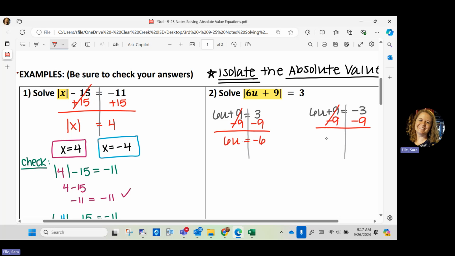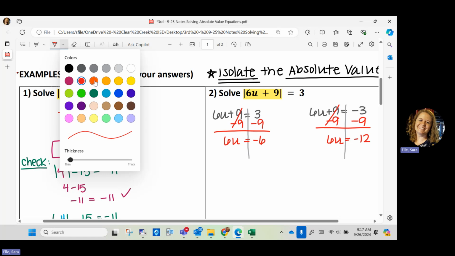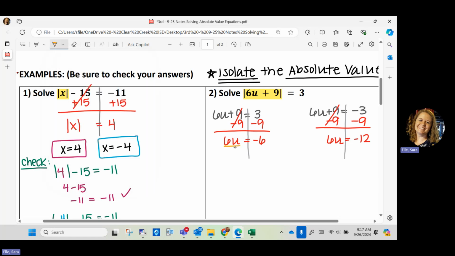And over here, that leaves us with 6u equals negative 12. So then we divide out the 6, the same step on both of these. So here we get u equals negative 1. And over here, we get u equals negative 2.